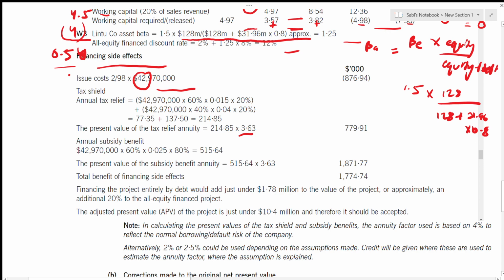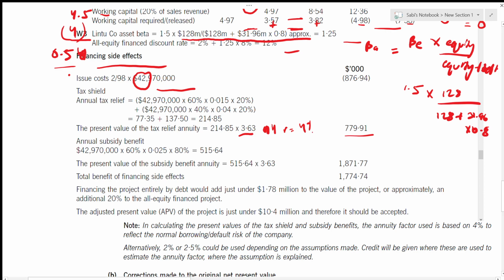How? N is the number of years, which is 4. When you check the annuity table, you will get it. Okay. By using N4, and the R is 4%. Then you will get 3.63. Right? For 4 years, 4%. So annuity factor is 3.63, and you are getting this.